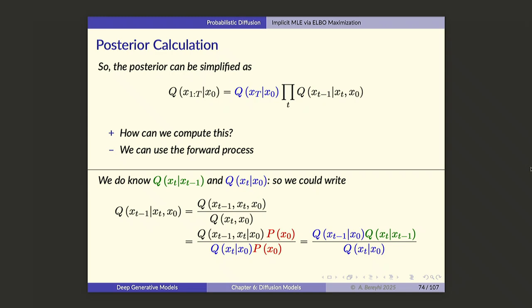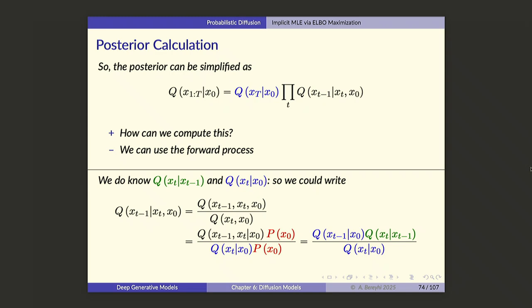So the blue term is asking you for the distribution at one particular time, given that you have your data, right? So this is the distribution at any time, like t or t minus 1, given that x0 is given to you. And that is something you can easily write down, right?